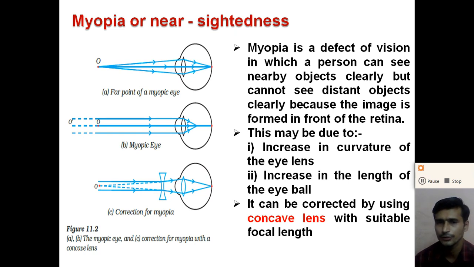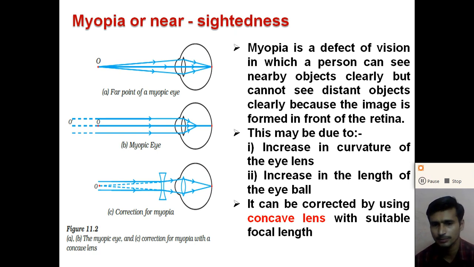Due to this the image is formed in front of the retina, and we cannot see the far object clearly, but we can see the near object clearly, right? So this defect is known as myopia.